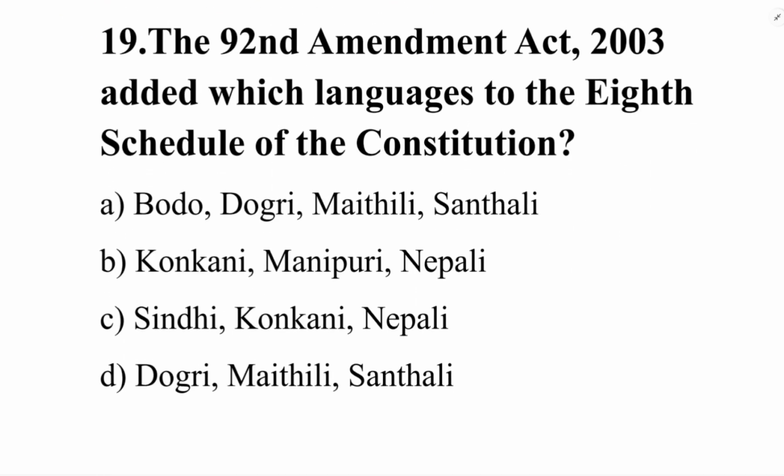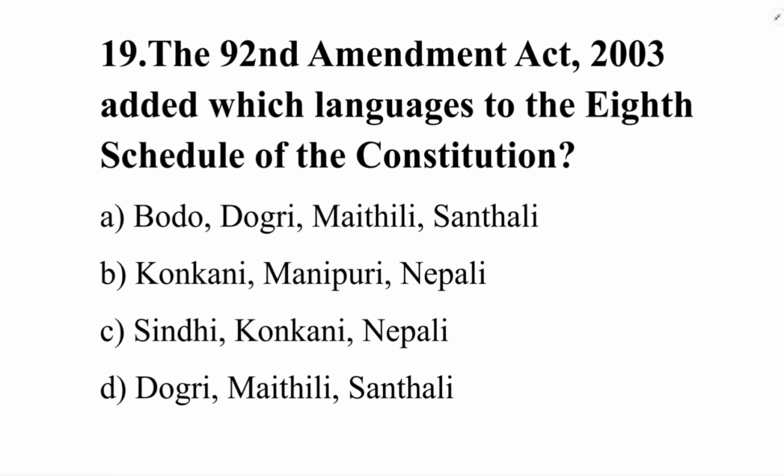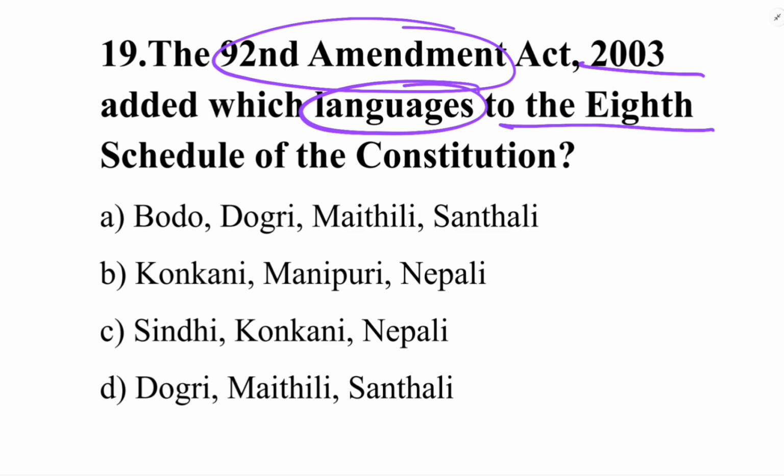Next question. The 92nd Amendment Act 2003 added which languages to the 8th schedule of the Constitution? Option A, Bodo, Dogri, Maithili, Santali. Option B, Konkani, Manipuri, Nepali. Option C, Sindhi, Konkani, Nepali.